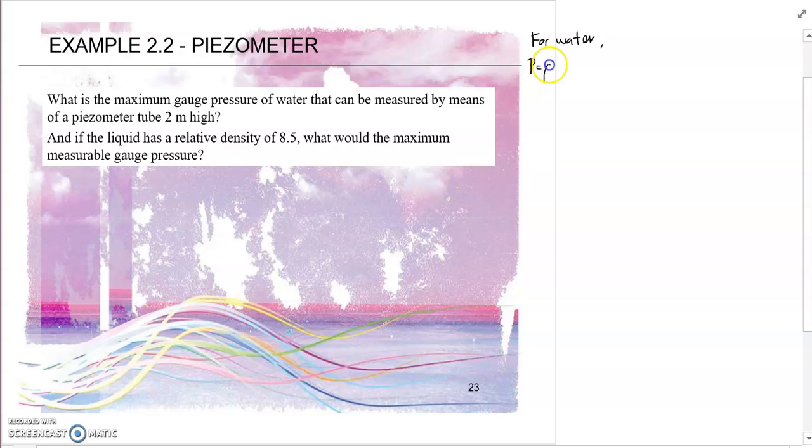P is equal to rho gh. Rho for water, if it's not given in the question, will always be 1000 kg per meter cube. Gravity is 9.81, and h is 2 meter.